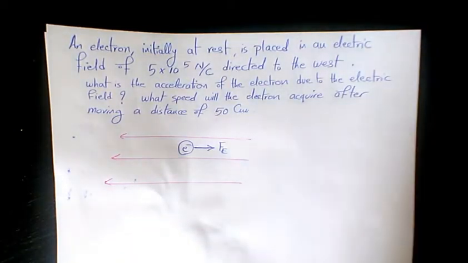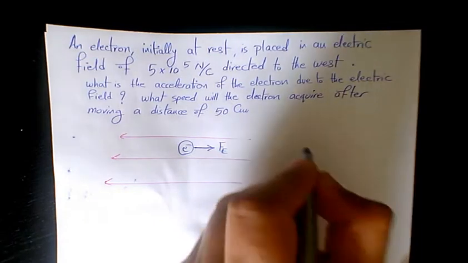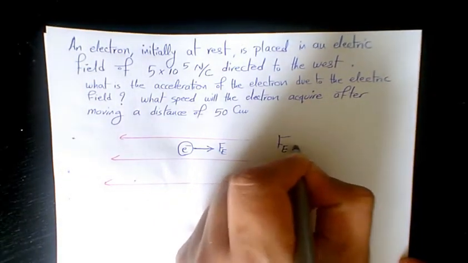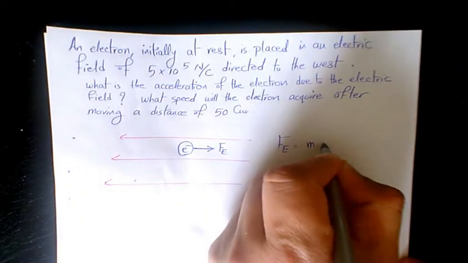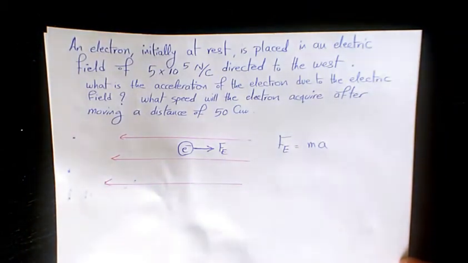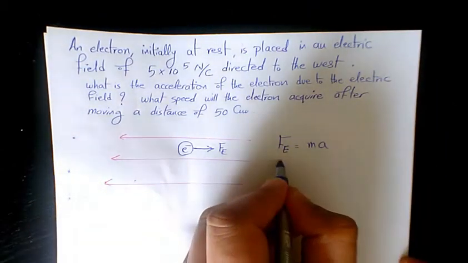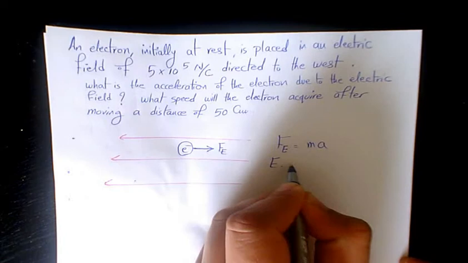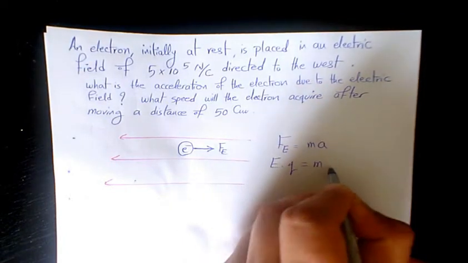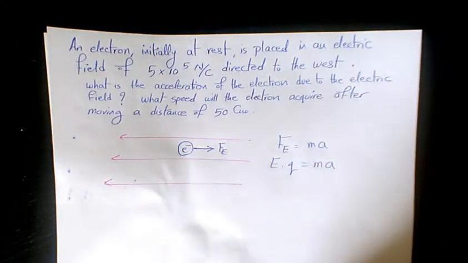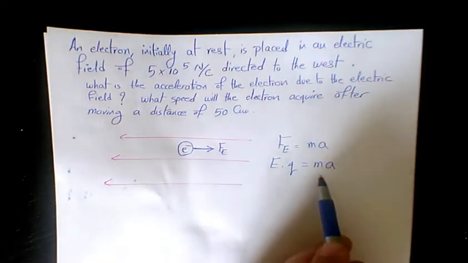It says, what is the acceleration of the electron due to the electric field? So due to this electric field, we're going to have acceleration, so m times a, and that's going to be Fe equals E times Q equals ma. What is the mass of the electron?